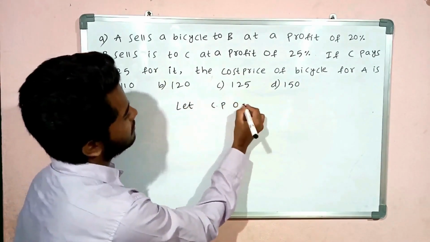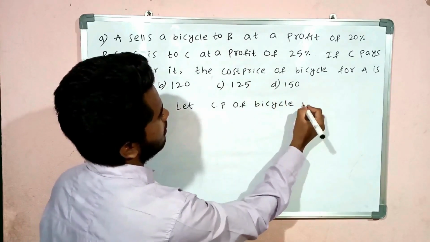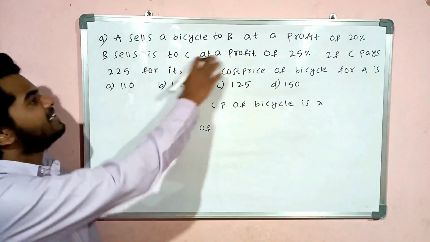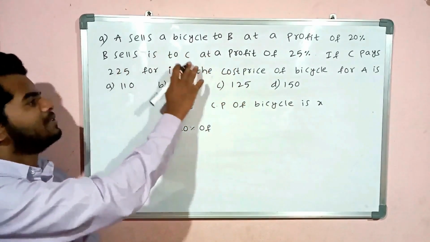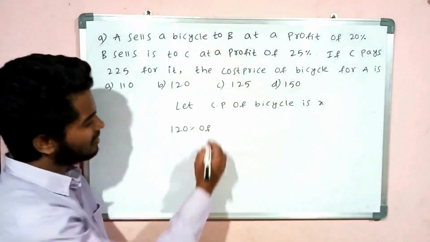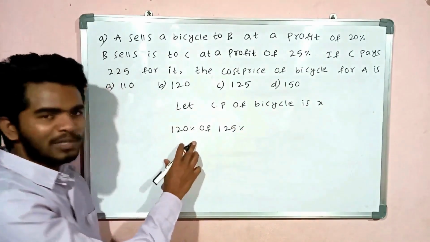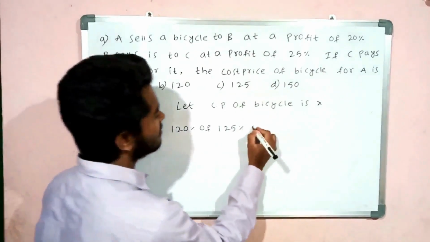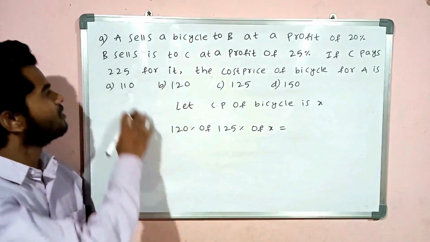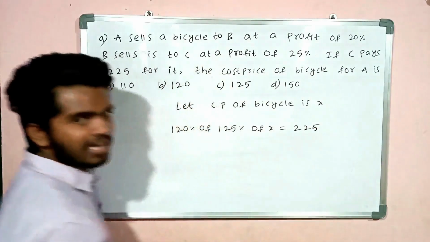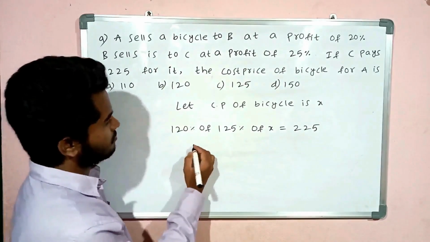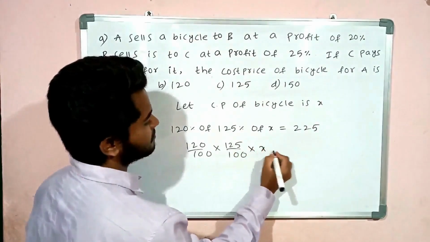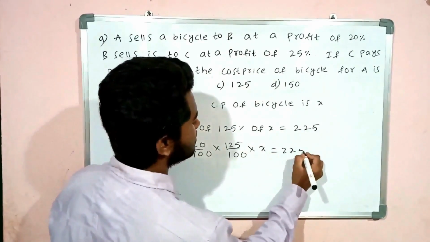Let the cost price of the bicycle be X. A sells to B at 120%, and B sells to C at 125%. So 120% of 125% of X equals 225, that is 120 by 100 into 125 by 100 into X equals 225.